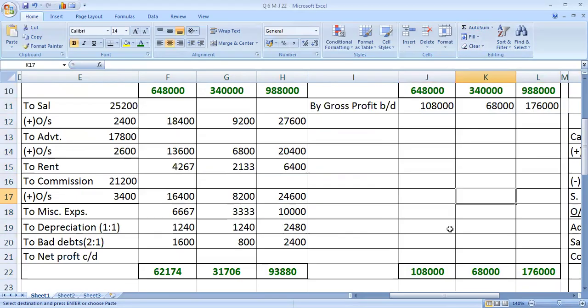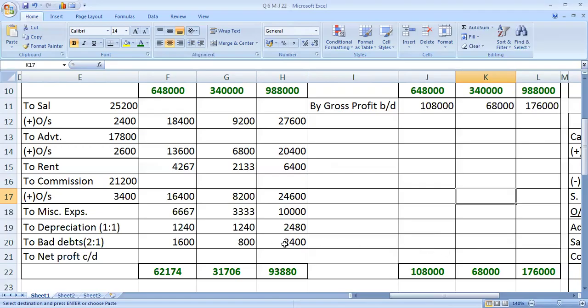Then close the profit and loss account. Profit and loss account credit side total is 1,08,000 for department software, 68,000 for department hardware, and the total column is 1,76,000.